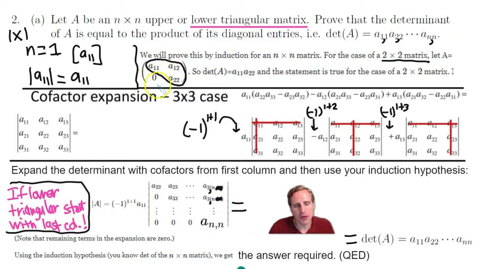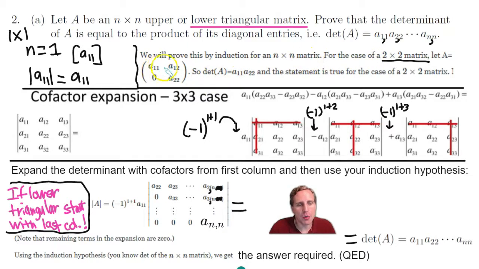There are only zeros below the main diagonal. So there's a 0 here, and everything else is filled in with something that is not 0. A11 and A22 could be 0, but then the entire determinant is 0. If there's any 0 on the main diagonal, the entire determinant is 0.